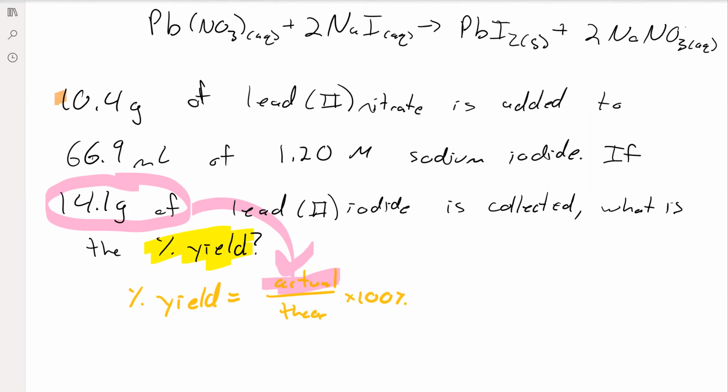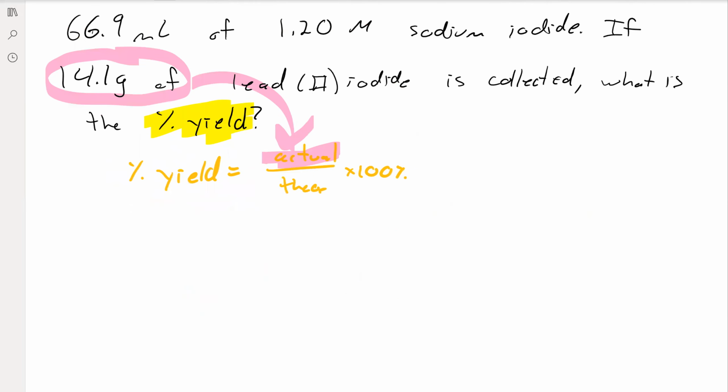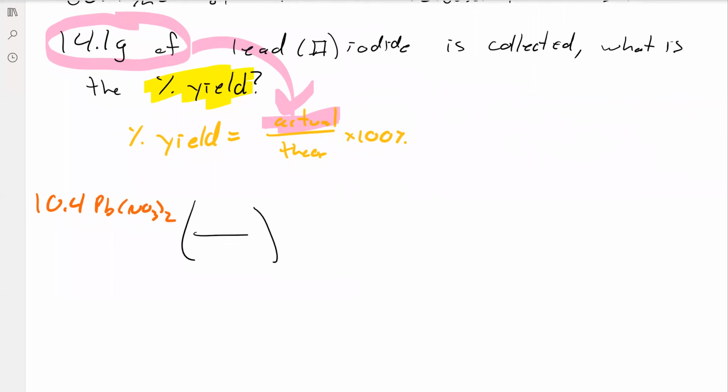So again, we'll start this just like we did the other ones. We can start with the 10.4 grams of lead nitrate. That's not a conversion unit, so that's a good place to start. So I have my 10.4 grams of lead nitrate. I want to get to moles of A as quickly as I can. So then, since I just have mass here, I can use my molar mass, and the molar mass of lead nitrate is 331.2 grams per mole.